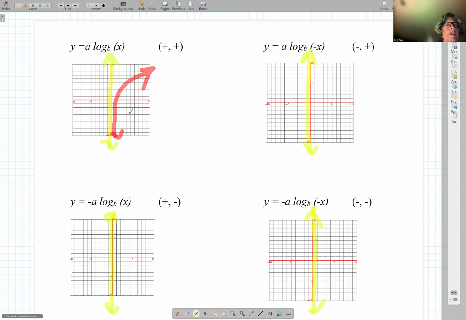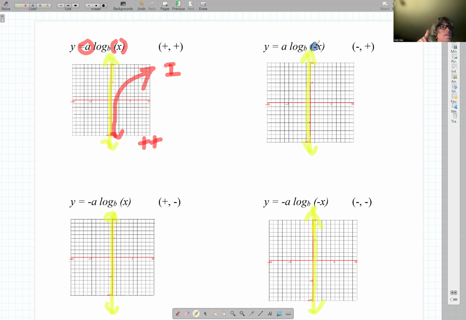And notice that it's heading towards, if you will, the quadrant 1, which is the positive quadrant. And so your x is positive and your y is also going to be positive. So that is the positive quadrant. Now, right here, notice that x is negative.